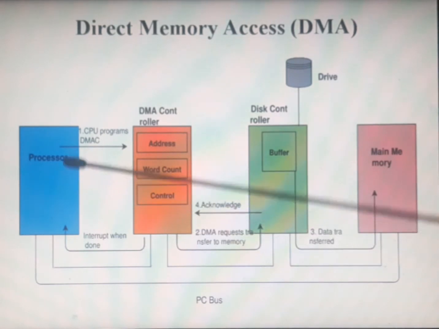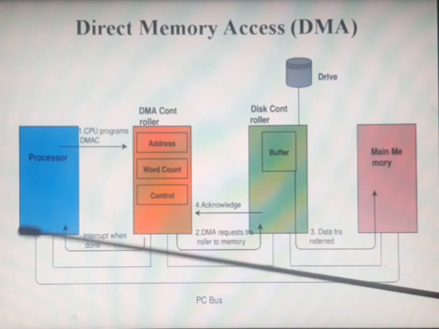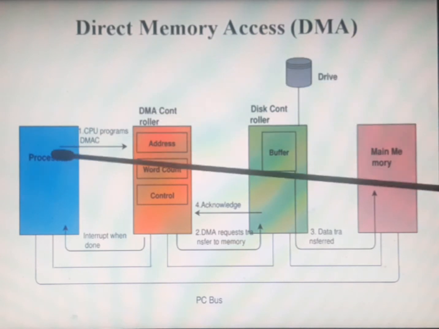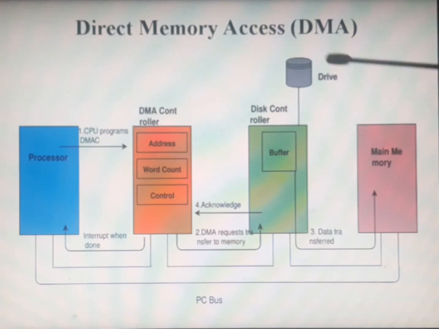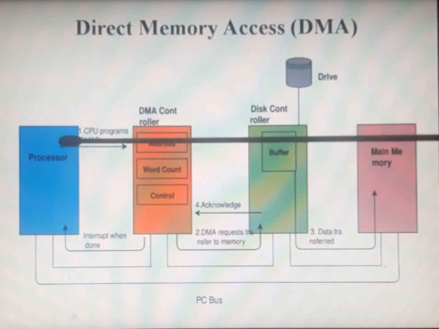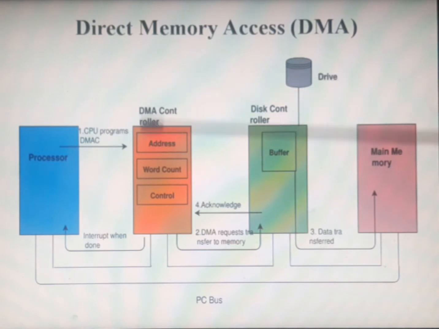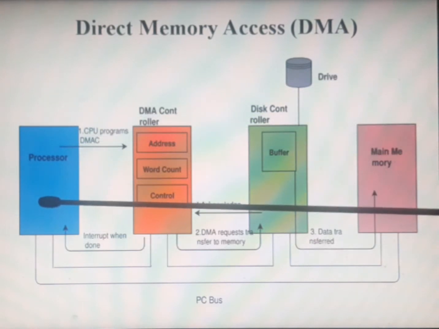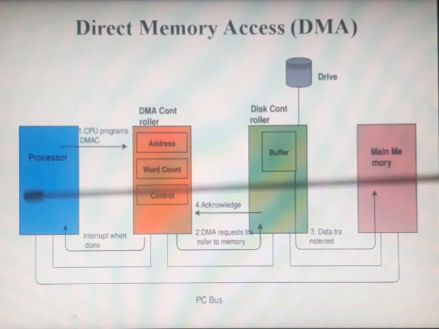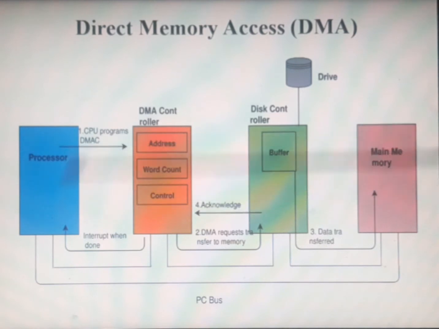So the CPU will be executing one process, and a device is plugged into the system and requests something. For the device it looks like a request. For the processor it looks like an interrupt, because in the middle of executing a process, your request interrupts the execution which is going on in the CPU. That is called an interrupt.